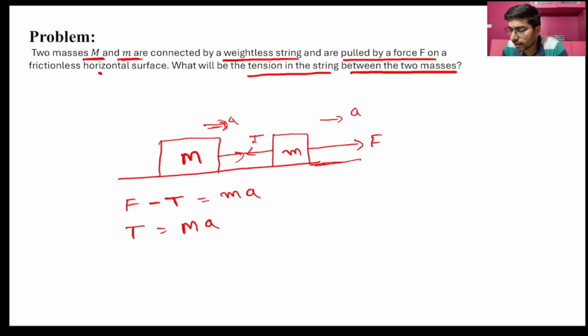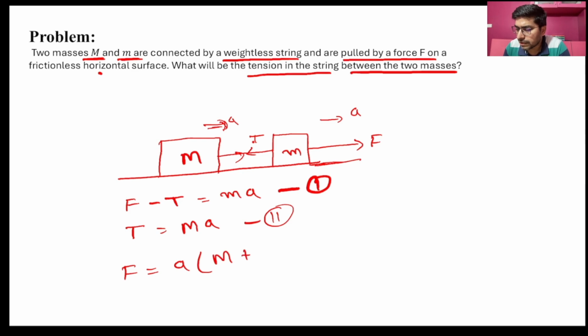From here we can find the expression for T. We first find the expression for a, because a is also unknown. This is equation 1, this is equation 2, and if we add them, T gets cancelled out and we get F is equal to a into capital M plus small m.